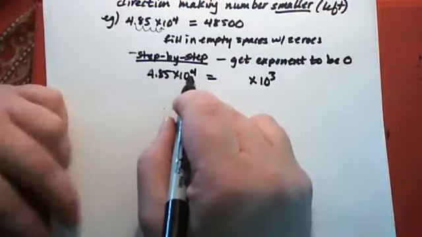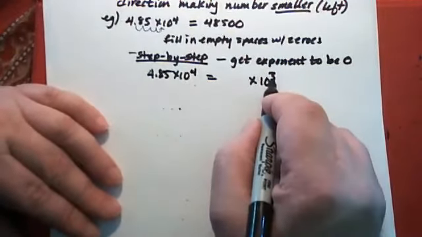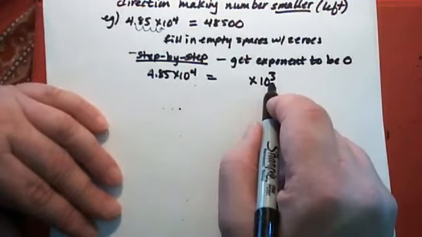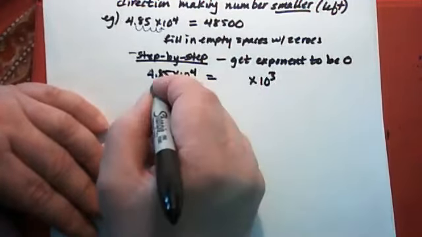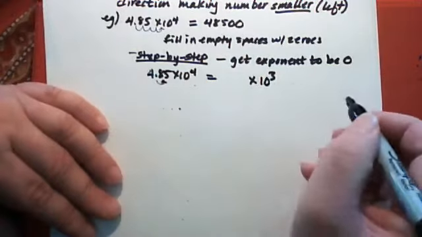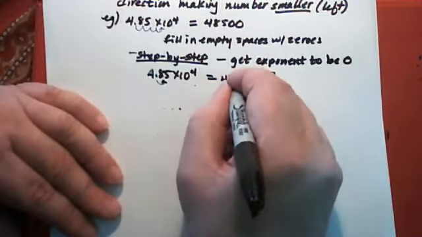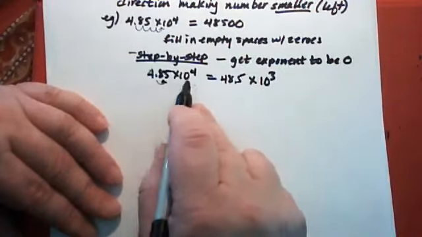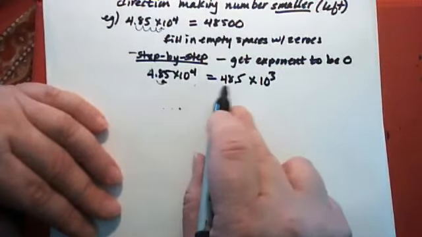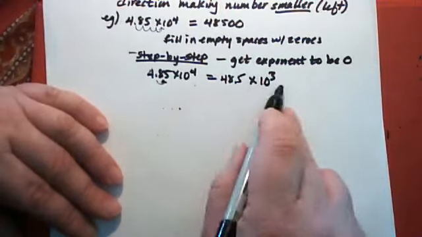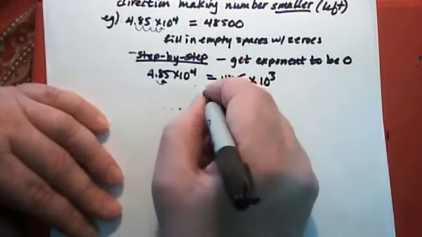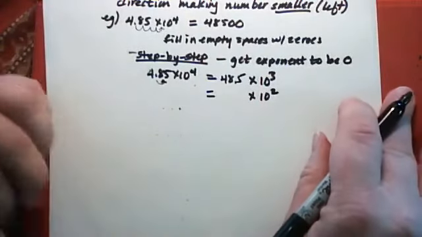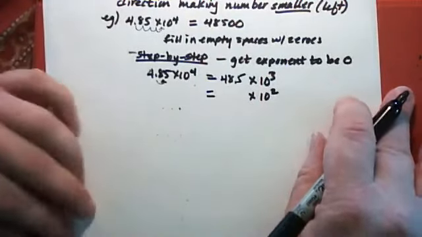Well, if you've gone from an exponent of 4 to an exponent of 3, this exponential part of the number has gotten smaller, which means the first part of the number has to get bigger to compensate. So 4.85 times 10 to the fourth is actually the same thing as 48.5 times 10 to the third. The next step would be to make it something times 10 to the 2.